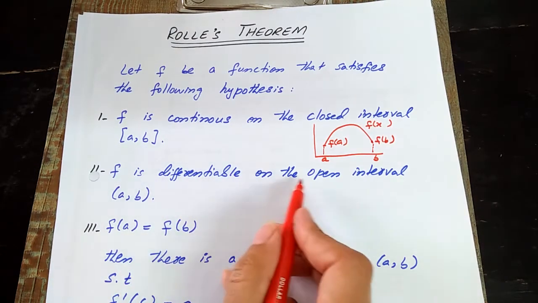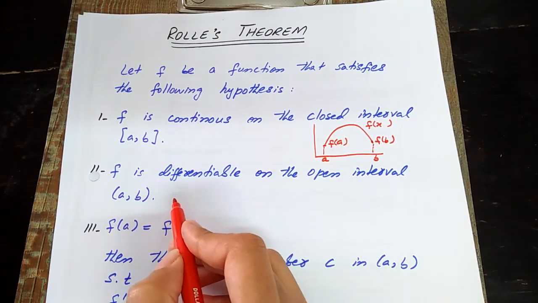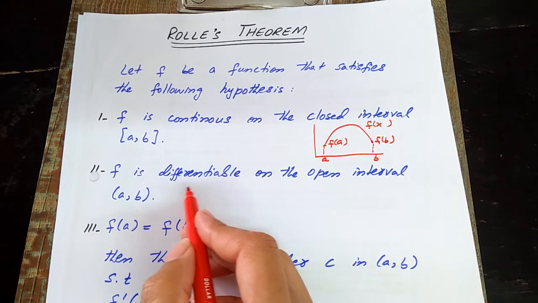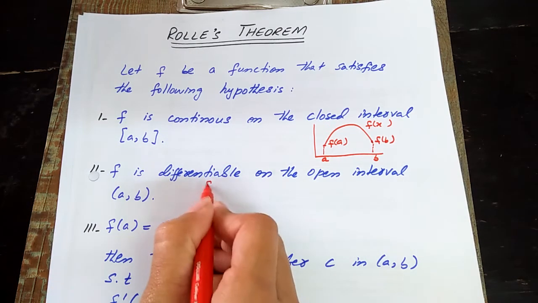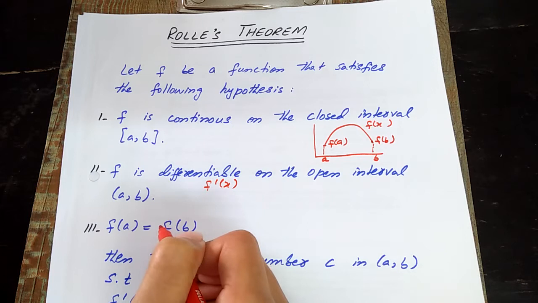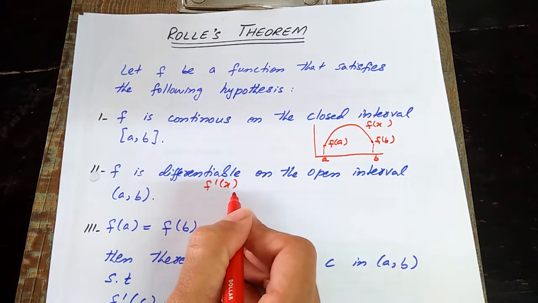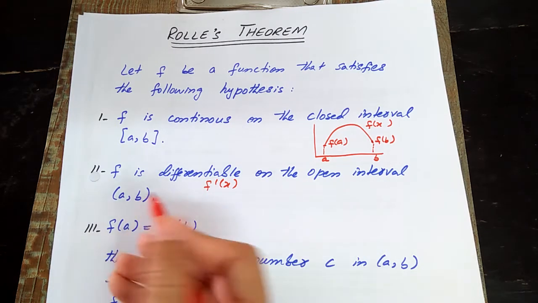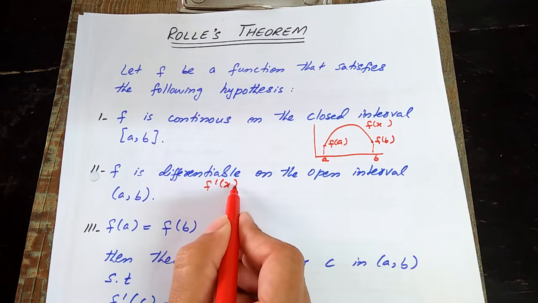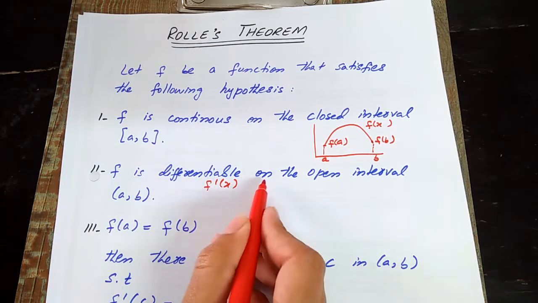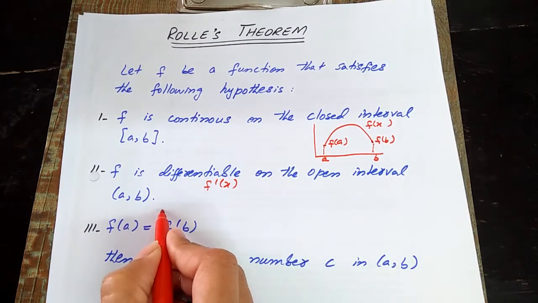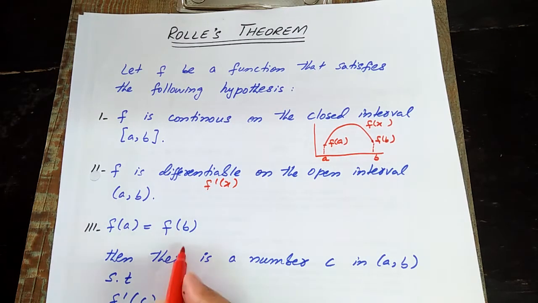That is, f is differentiable on the open interval (a, b). For satisfaction of this postulate, we need to find the derivative of the function, and then observe its behavior, whether this derivative is continuous or not on this open interval. If it is, then we will say that f is differentiable on this open interval. Then we move on to the third postulate, that is f of a equals f of b.